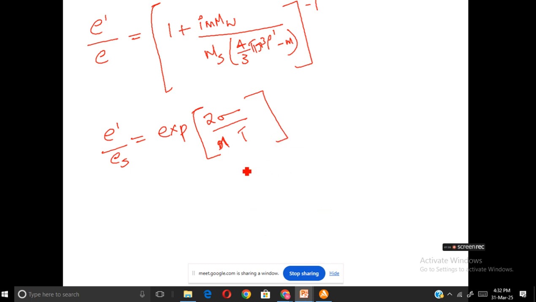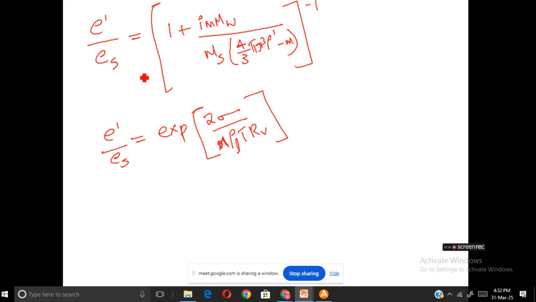In case of the curvature effect, the equation we got was E by Es is equal to exponential of 2 sigma by r rho L into RV. So this is in case of a solution droplet.